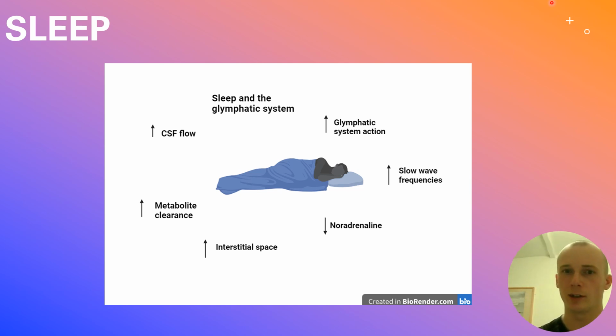And it's showing these slow oscillations, and these brain waves also increase the amount of CSF within these interstitial cavities, leading to that 90% increase in glymphatic system activity.